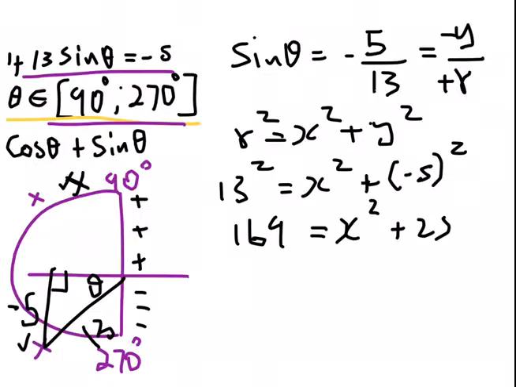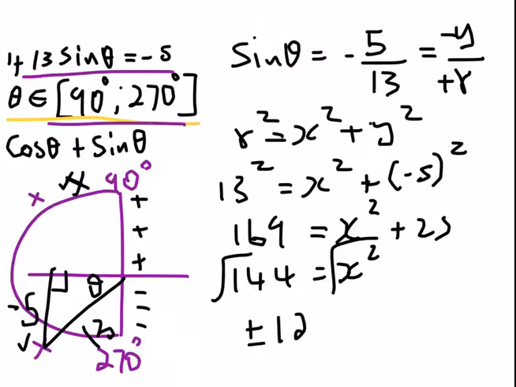Okay, so now if you take 25 to the other side to minus this thing, I'm just curious to know, will it not be 144? I think if you take it to the other side, it will definitely be 144. So that means you've got 144 equals x squared. Now you root both sides, then your answer should be plus or minus 12, and that should be equal to x.